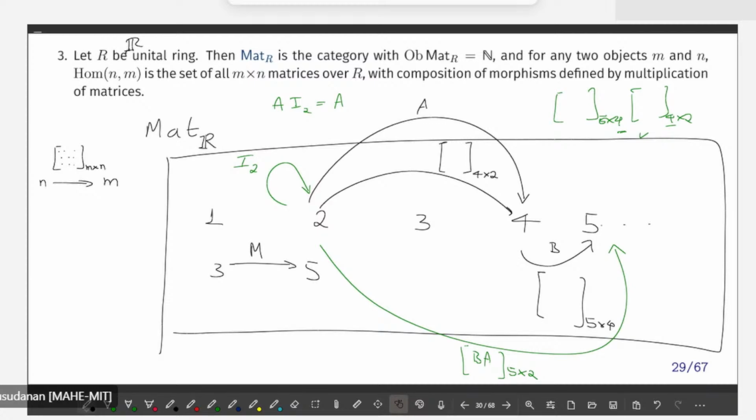So we have some arbitrary n, let's say. So you should have a matrix, a 5 by 3 matrix, which can be cancelled on the left.